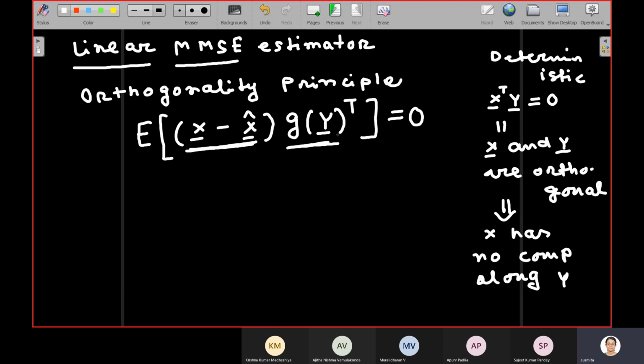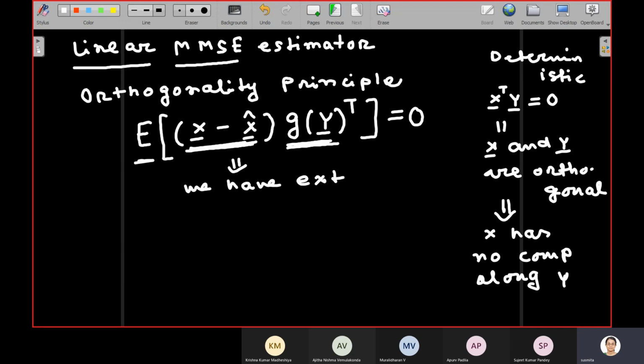You just think of the deterministic case, because here we are doing everything in a statistical sense. Okay, you just draw the analogy with the deterministic case. When x and y, two vectors, are orthogonal, it means that x has no projection along y. Similarly, when we say that the estimation error is orthogonal to functions of measurements, it implies that we have extracted all the information.